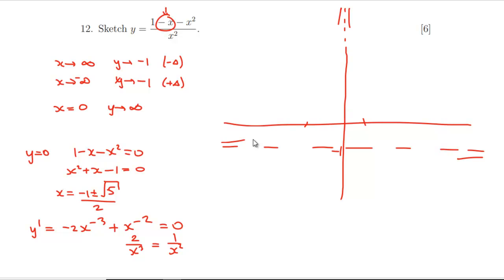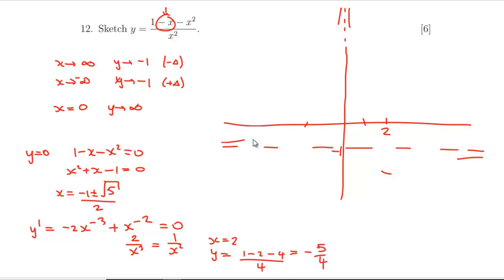So 2 is equal to x. So we've got a turning point when x is 2. Right, this is all fitting in fine. When x is 2, y is equal to 1 minus 2 minus 4 over 4. So that is, what is that, minus 5 over 4.